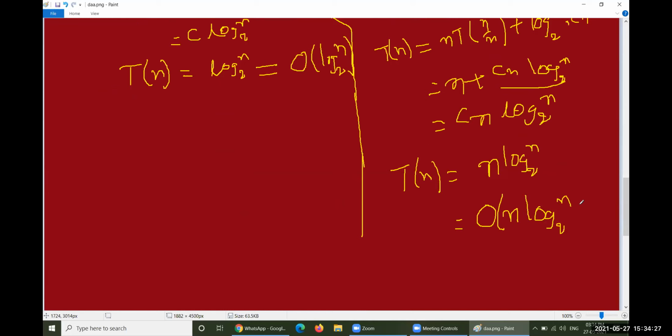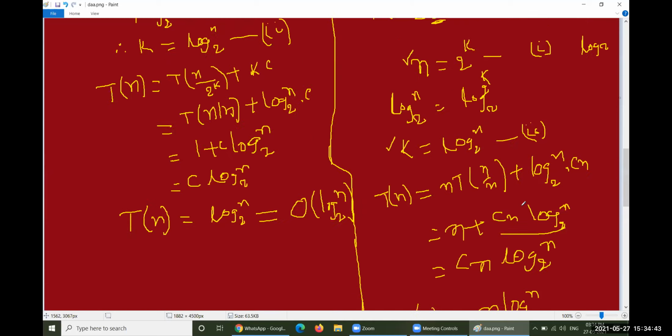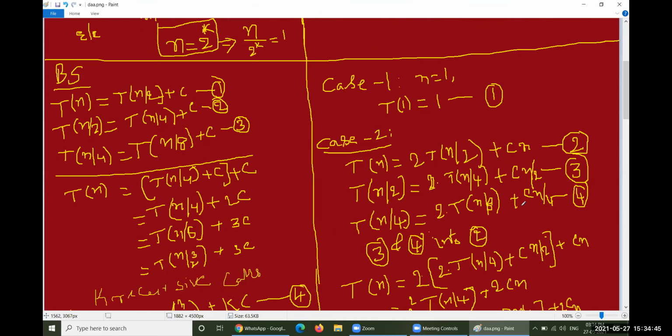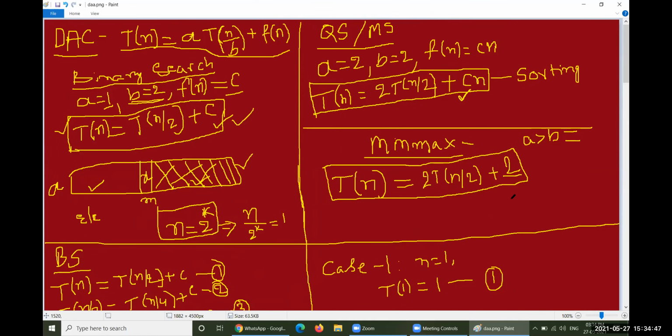Why have I taken this particular class today? Actually, I must move to the greedy method. Directly, we'll go to the greedy method. But here the things are very, very important. This evaluation is very important, and we have to write it in our final examinations. Without writing all this evaluation, you could not get the marks. Please remember. I'll send this evaluation as a paintbrush picture image to your group.